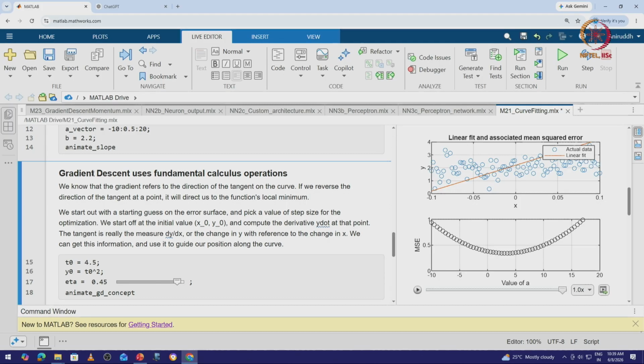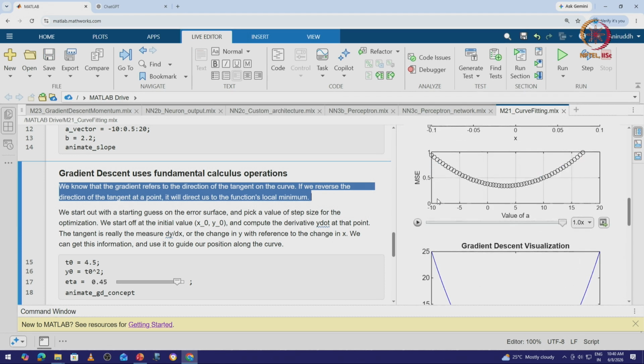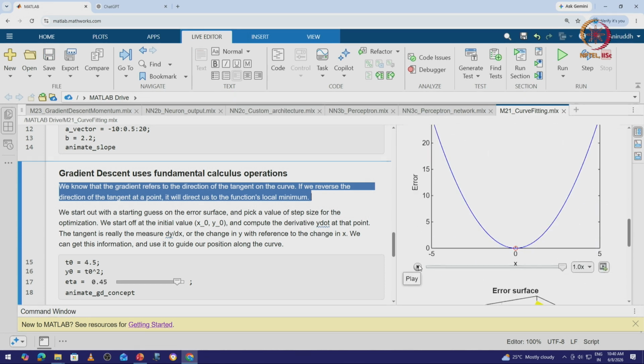So gradient descent is essentially using fundamental calculus operations. This is something we saw even in the previous lectures, where the gradient refers to the direction of the tangent on the curve. If we reverse the direction, it gives us the direction to the function's local minima. And essentially this is an example that we saw even earlier.